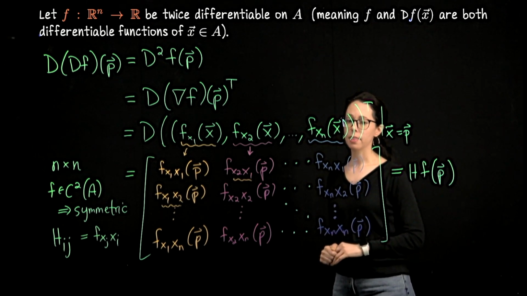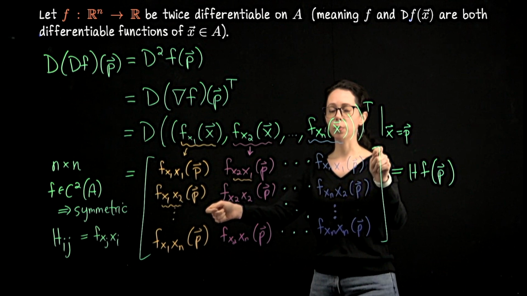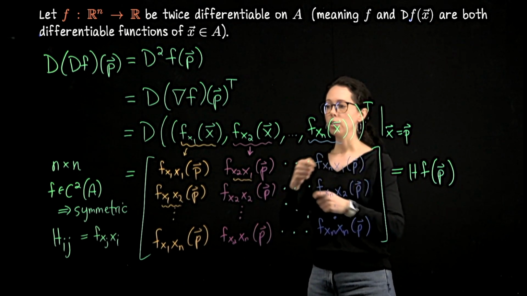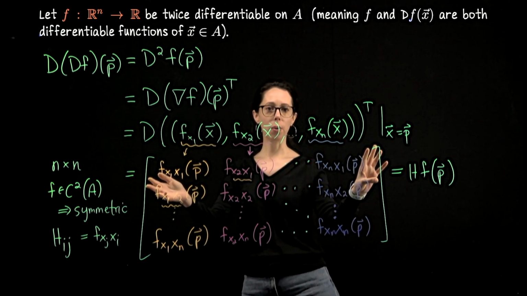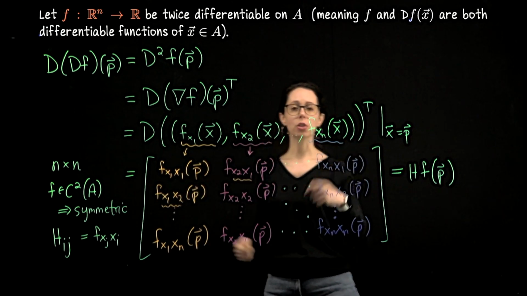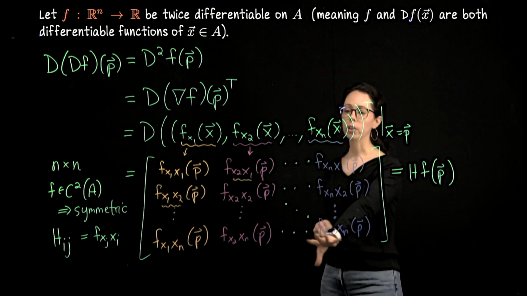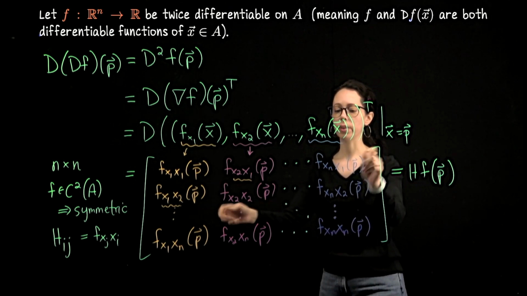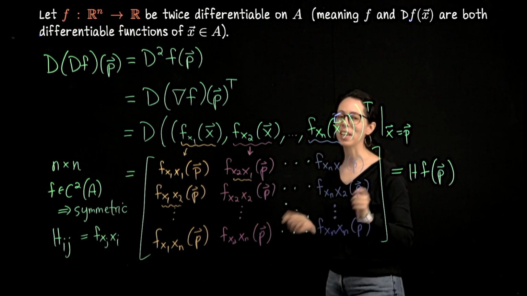Let me say that I have seen pages on the internet where the Hessian was written as its transpose. So if we'd taken this component function and differentiated it along the row, we would have done the transpose of this matrix. That is technically not correct. So this is the correct form of the Hessian. If you are looking at a different source and it's written with all of these subscripts flipped, then they have taken the transpose.